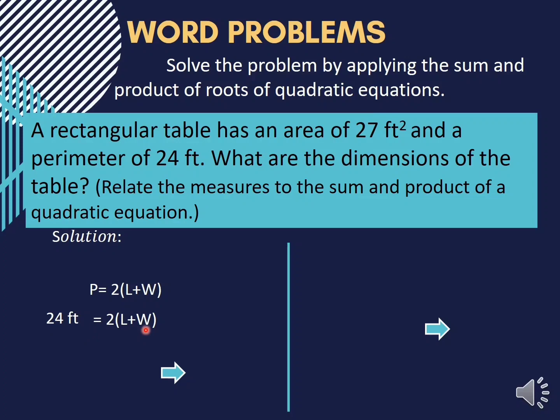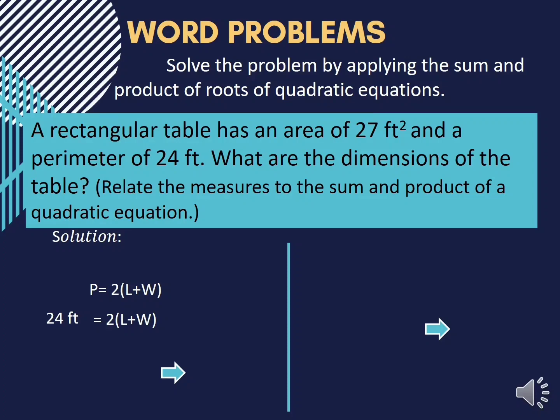Since we relate this to sum and product, we can see that this is some sort of sum. Length plus width, isn't that a sum? Suppose that the length and width are the roots of the quadratic equation, or L is x sub 1 and W is x sub 2. So, this is already the sum of the roots.